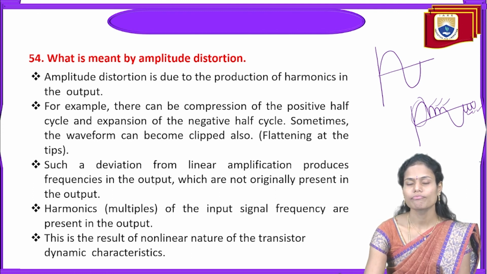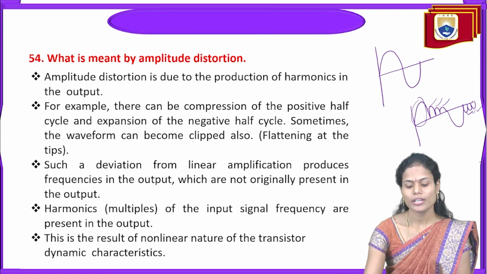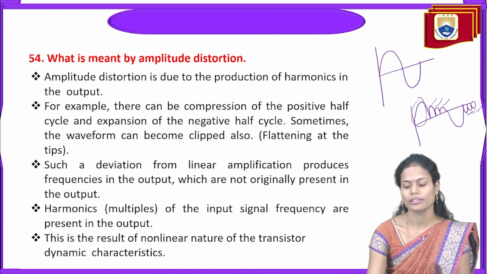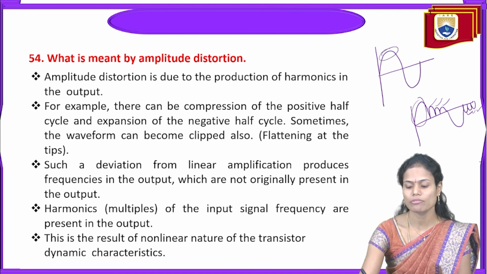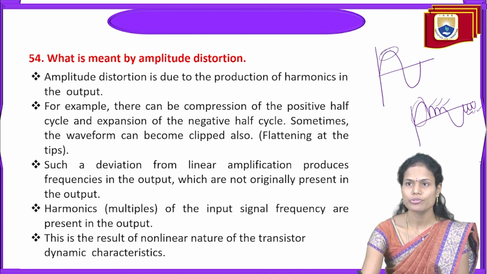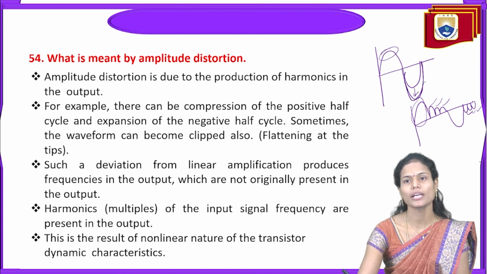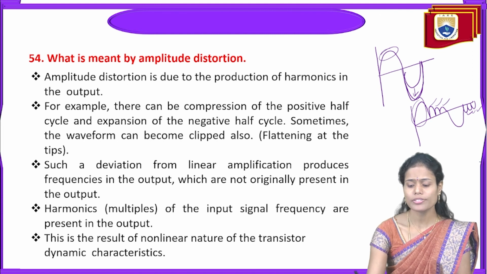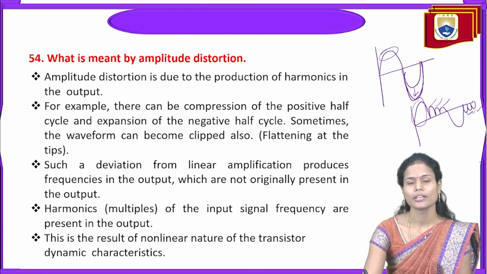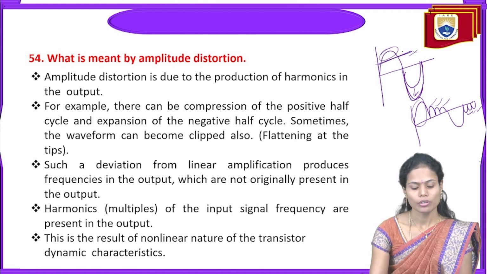So because of this amplitude distortion present in the circuit, there is a compression of the positive half cycle. That is nothing but some amount of the positive half cycle may be reduced here, and there is an expansion of the negative half cycle. So there is an extension in the negative half cycle here. In some cases, some amount of information or waveform will be clipped off here.